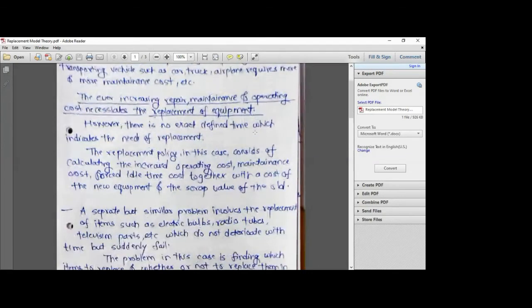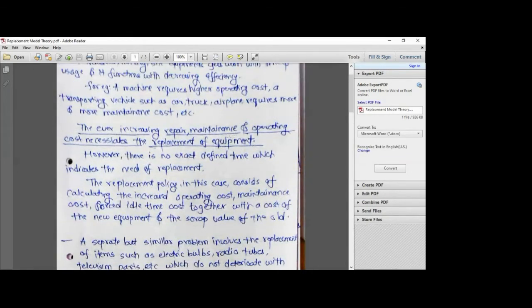Up to a certain extent it is okay, we are going to invest in the operating cost, in the repairs, maintenance and operations of this particular equipment. But the costs are going to increase more and more as this equipment is being used, right?